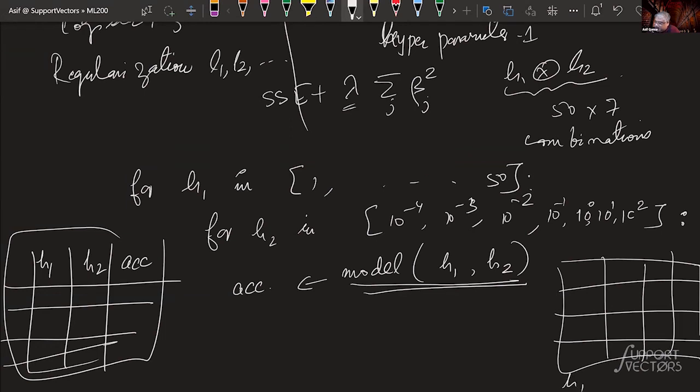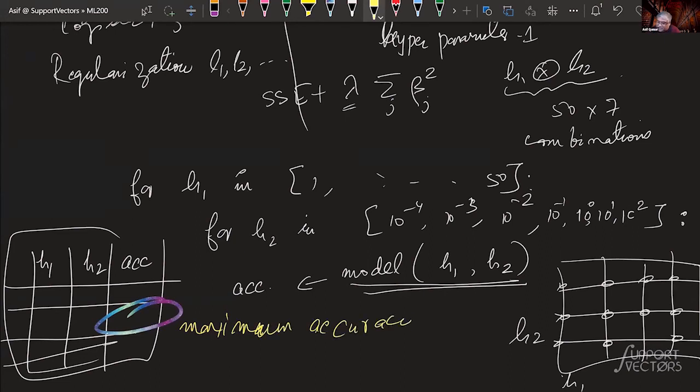These are the H1 values, these are the H2 values. So at every single combination of these two, you will have a certain value there. And from this value, you will then pick the maximum, the most accurate, maximum accuracy on cross-validation, on the validation set. So that would be your best combination of H1 and H2.